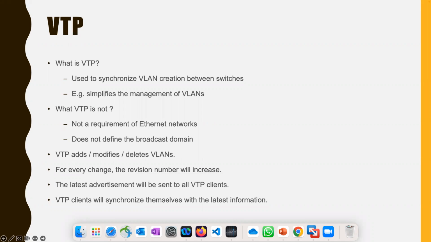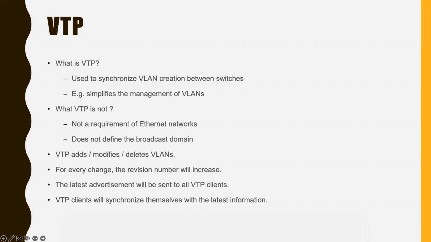So I was saying that VTP propagates the VLAN information in the form of VLAN advertisements, or we can call them VTP advertisements. For every change that we make on one of the devices, it assigns a revision number to those advertisements. That's how the changes get tracked. For each change, this revision number gets incremented. Initially, this revision number is 0. We will see it in our lab topology also.